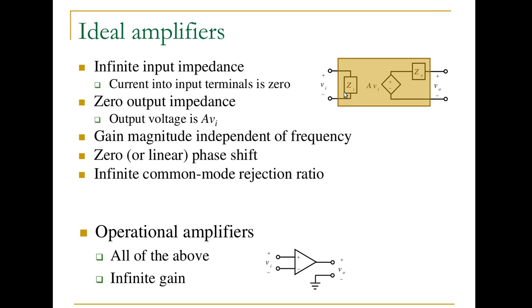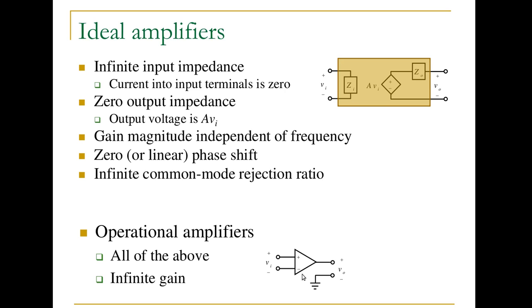Like I said, the gain magnitude is independent of frequency, and phase shift is either 0 or linear. Infinite common mode rejection ratio, which refers to these amplifiers being used as differential amplifiers. And we'll spend the rest of our time talking about operational amplifiers, which are often used as differential amplifiers.